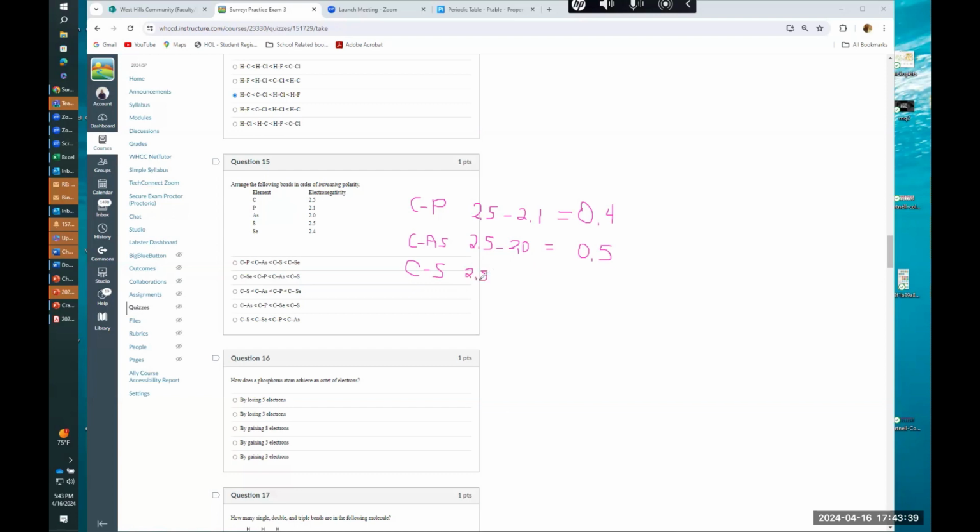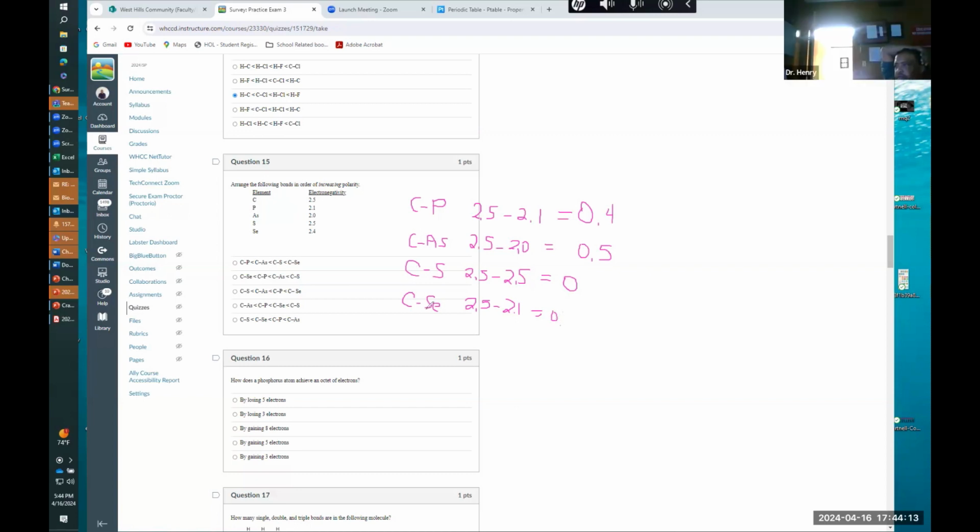CP, CS, minus 2.5. And then C and S. Is that right?